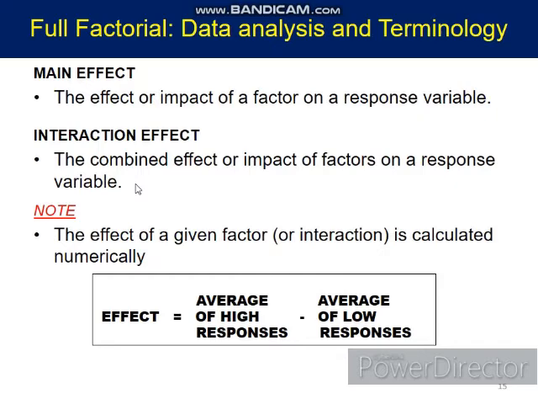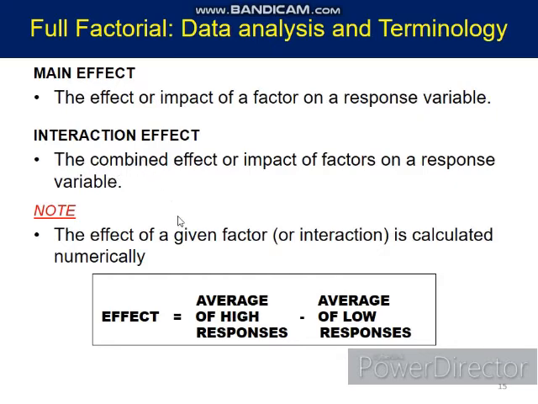After the analysis, you'll be given a set of data, and usually it's in the form of the significant effect of individual factors. The effect of an individual factor is called main effect. The effect of interacting factors is called interaction effect.